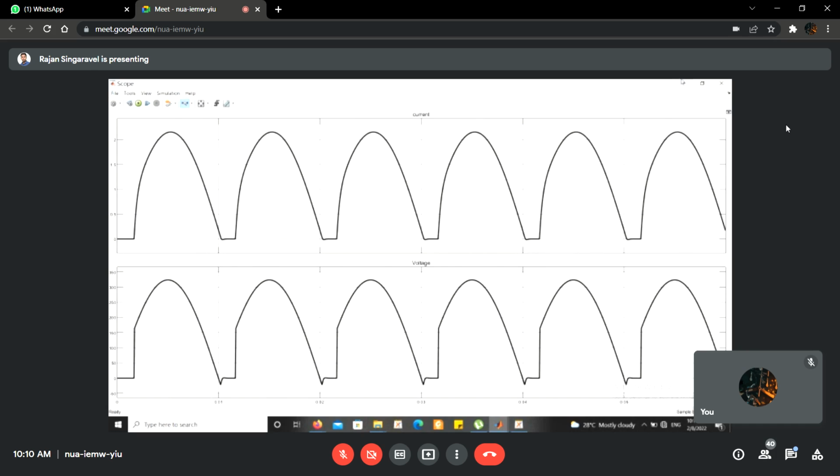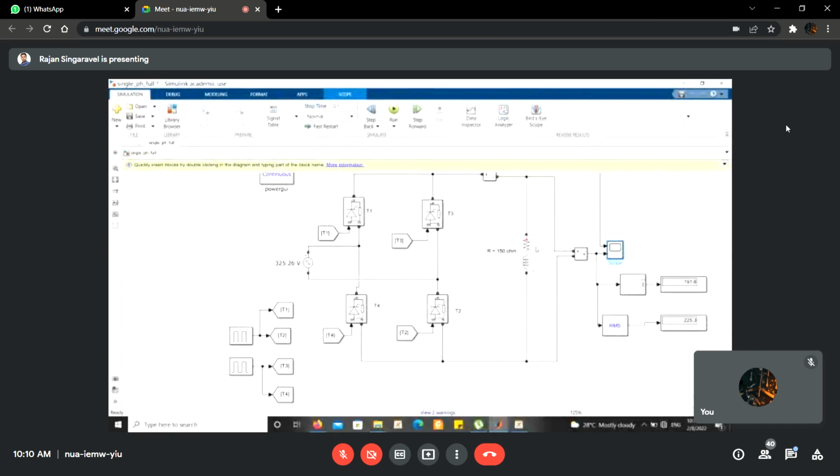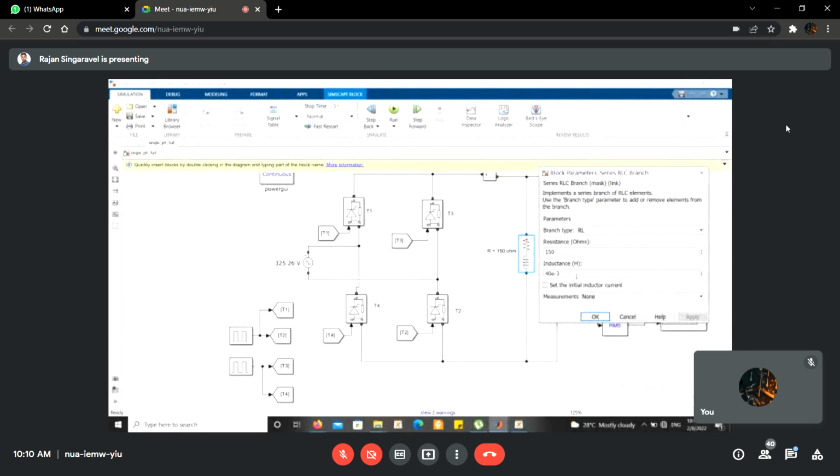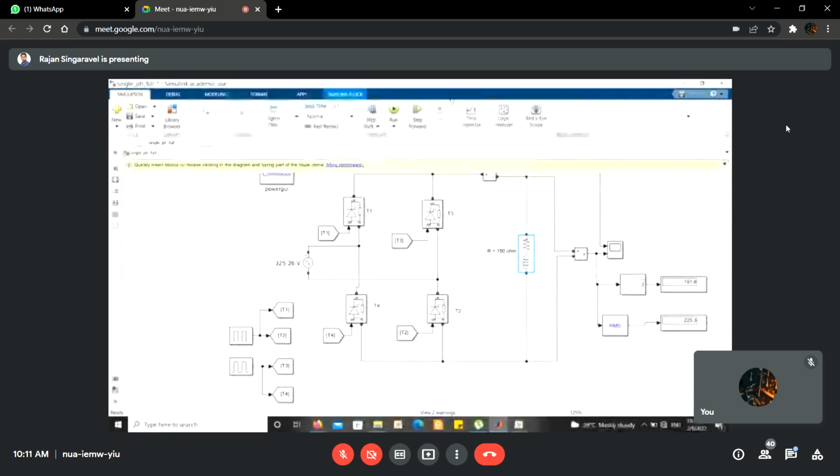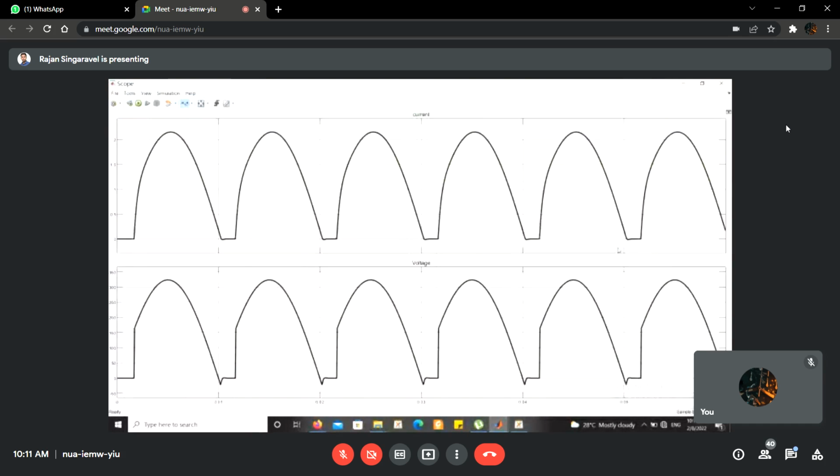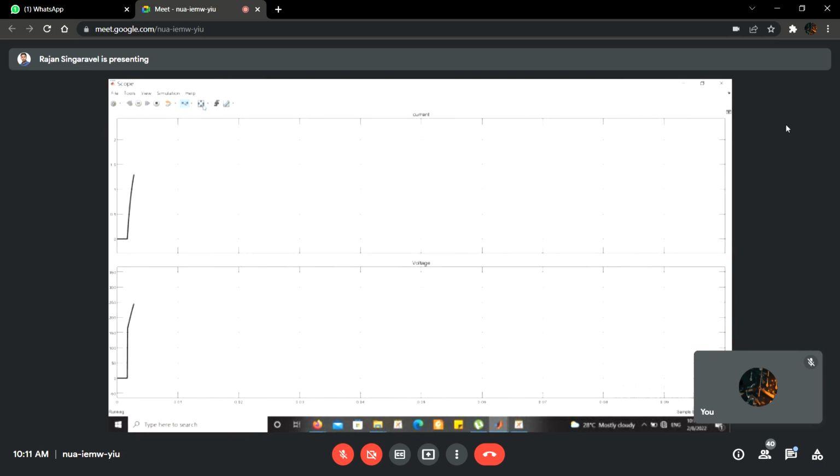If you want to distinctly understand this concept, let us increase the inductance to 75 millihenry instead of 40. I'm increasing my inductor value to 75 millihenry. Now see how the voltage waveform is changing and how the average voltage is getting reduced.